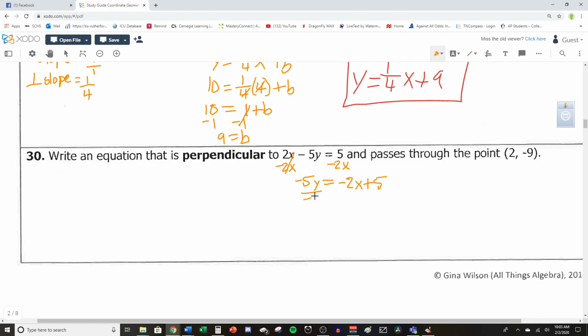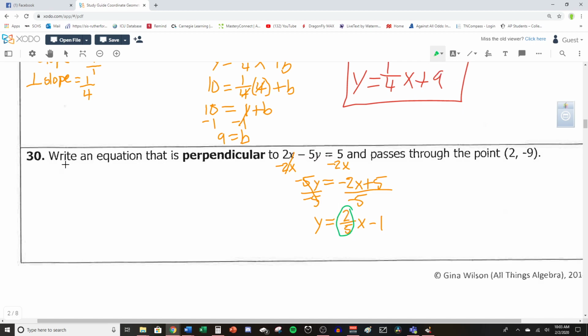Let's divide away this negative 5 from both sides. This goes away. Here's the actual slope-intercept form that we want. These negatives go away, and it's just 2/5 x. And 5 divided by negative 5 is negative 1. So here's our equation, and the slope that we get is right here.